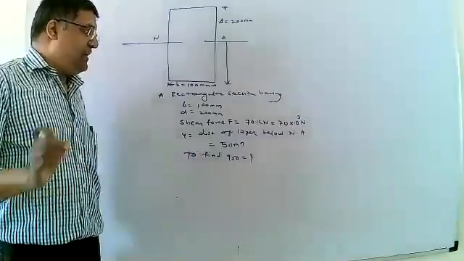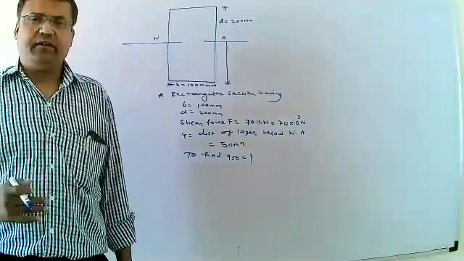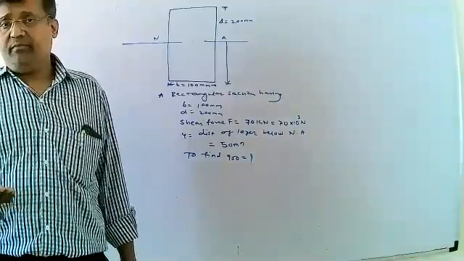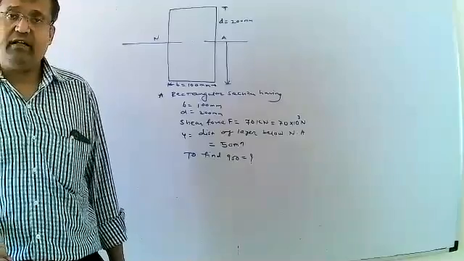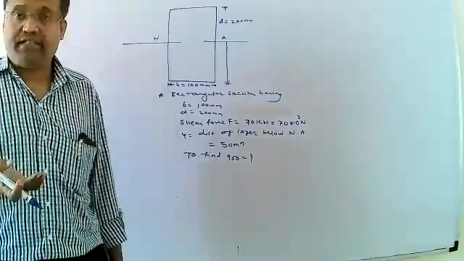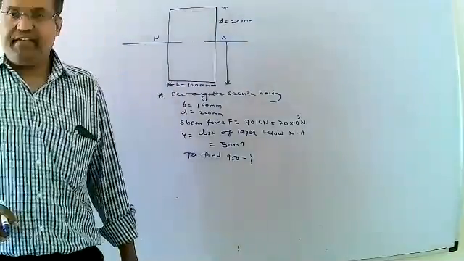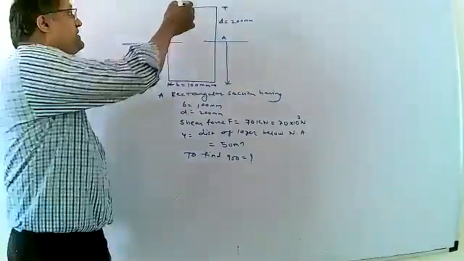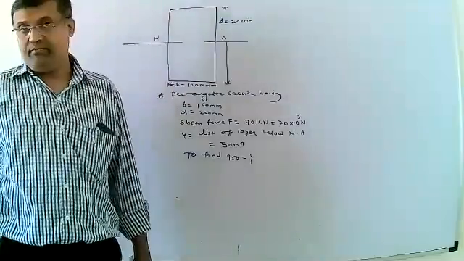Then y is the distance of the layer from the neutral axis or neutral layer. The distance y is considered below the neutral axis to the extreme layer as well as above the neutral axis to the extreme layer. This is the top extreme layer, that is the bottom extreme layer, and that is the neutral axis or neutral layer.